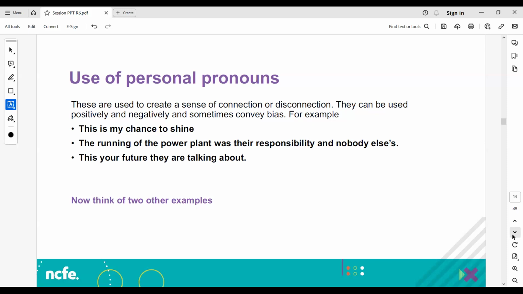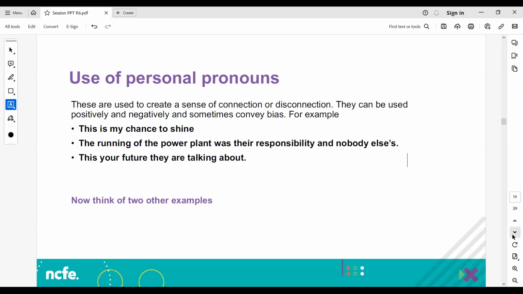Okay, so that could be negative because if there was an accident at the power plant, somebody wants those people to be accountable. The running of the power plant was their responsibility. So it's not mine, it's their responsibility.